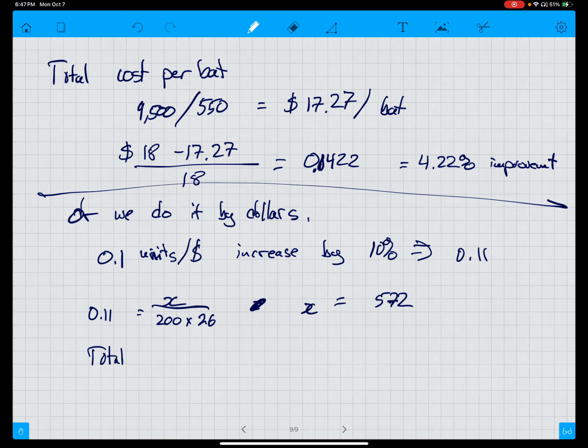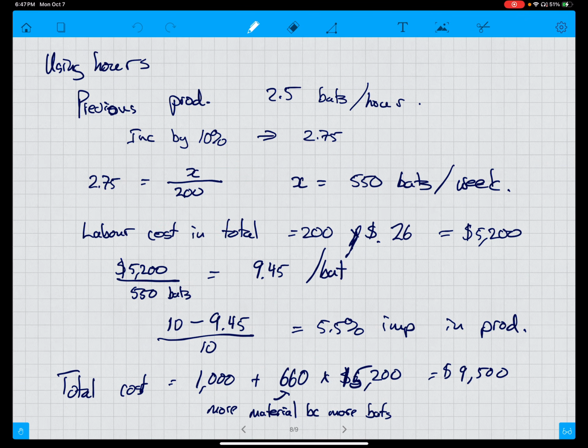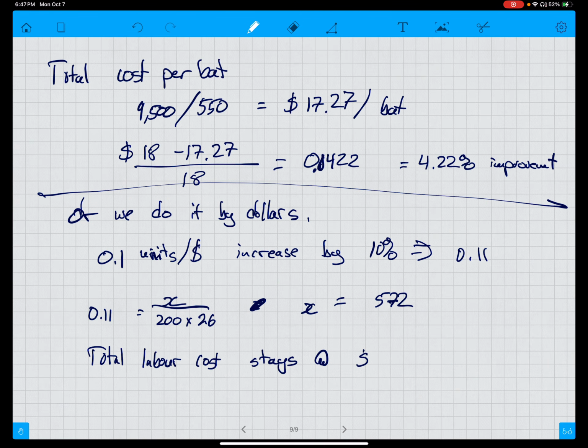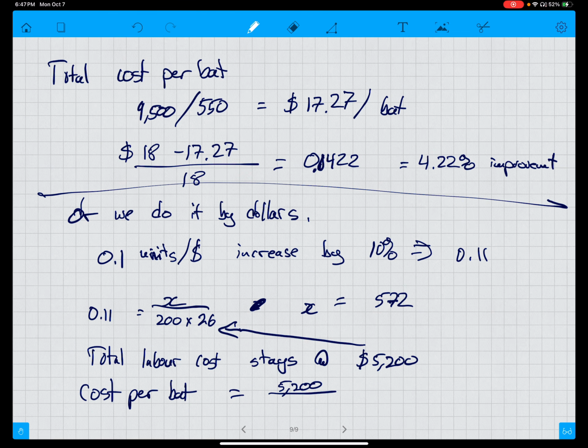Total labor cost stays at $5,200. From there, divided by cost per bat, 5,200 divided by 572 is equal to 9.09, which would come out to a 9.1% improvement using the same approach I used last time.